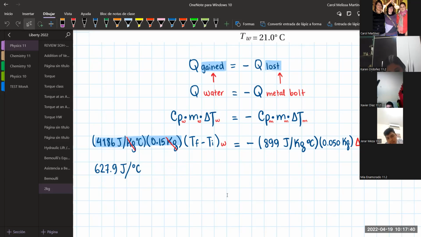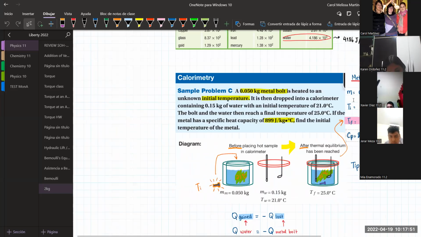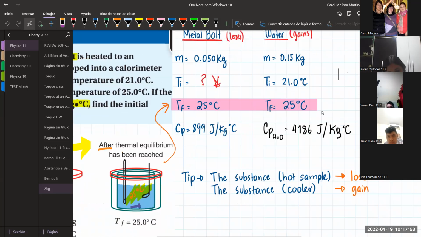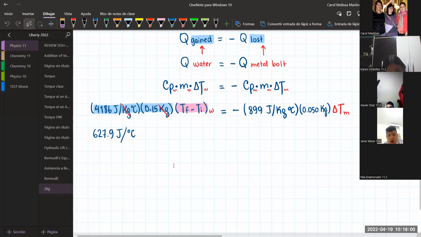Now what comes after? I need to multiply times the final minus initial temperature of water. What do I know about the temperatures of water? I know that the final temperature is 25 degrees Celsius and the initial temperature is 21 degrees Celsius.